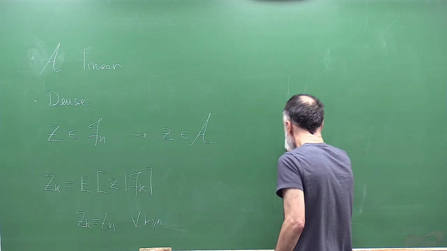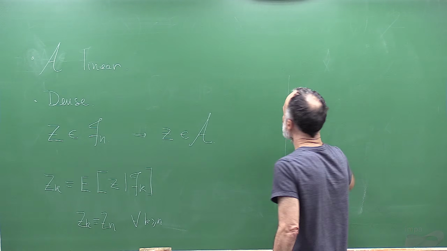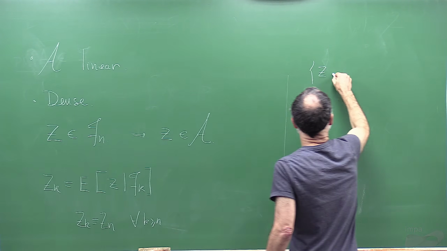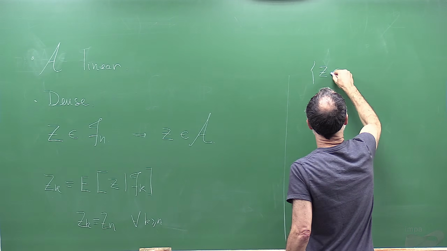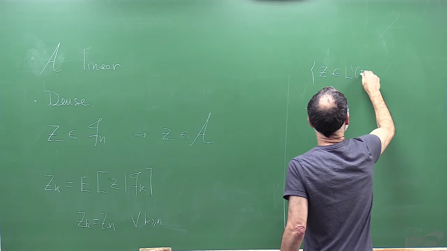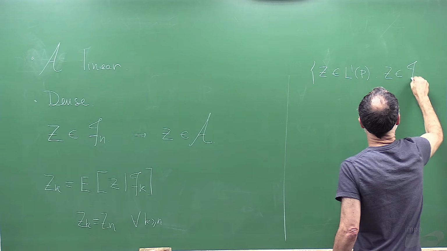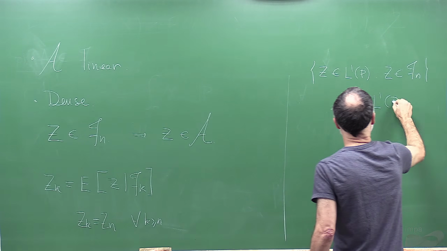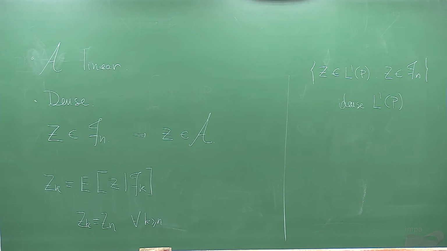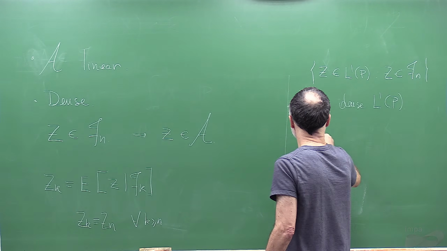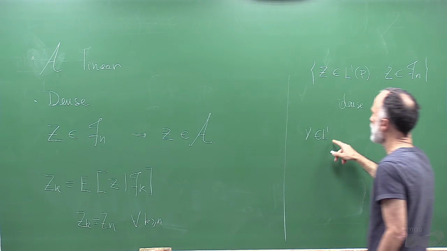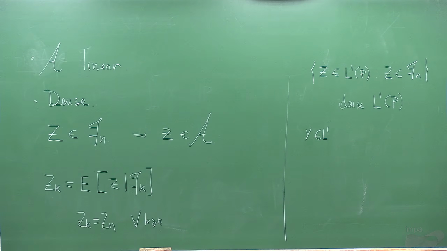Okay. And then I claim that the family of Z which belongs to L1 such that Z belongs to Fn is dense in L1. And we proved that. The first theorem tells us exactly that, right? You take Y in L1 and I want to approximate it by a sequence in this set.